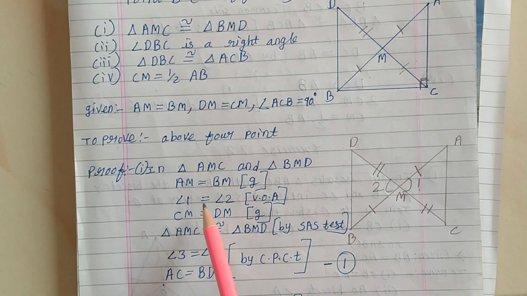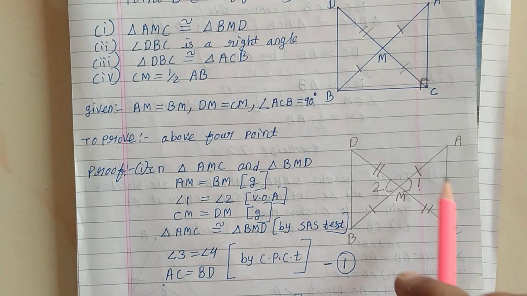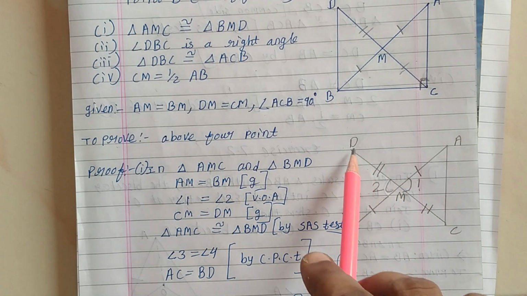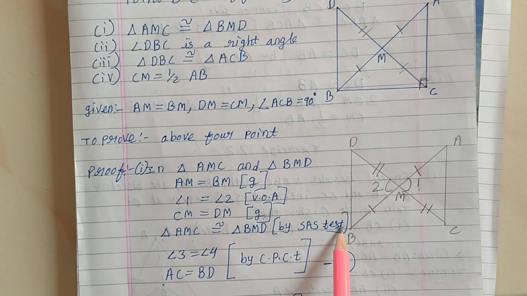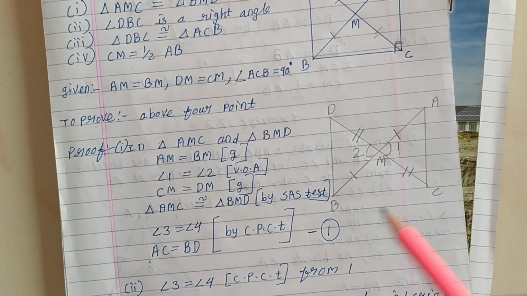That is why I have written angle 1 equal to angle 2, because vertically opposite angles. Similarly, it is given in the question CM is equal to DM. So this will be your third element given. That is triangle AMC is congruent to triangle BMD by SAS test. So this is the proof of the first point.